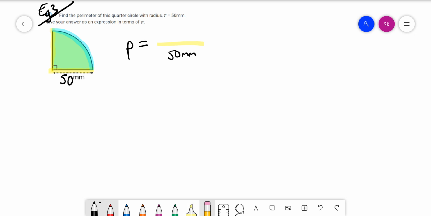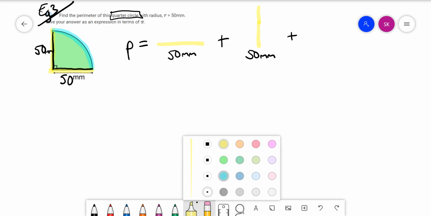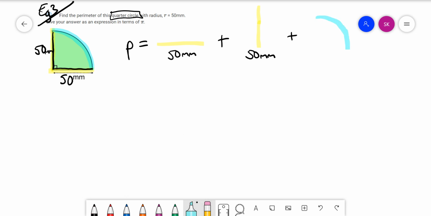The vertical yellow side, now remember this is a quarter circle, which means both this and that are both radiuses, and so therefore that is 50 millimeters as well. The final thing we have to add is the arc, which is that length there.